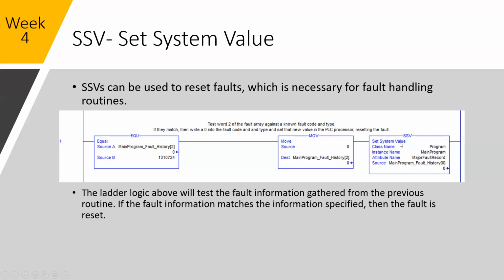Okay. It's kind of, if you imagine it as a drawer, the act of removing the data from the drawer is the get system value.